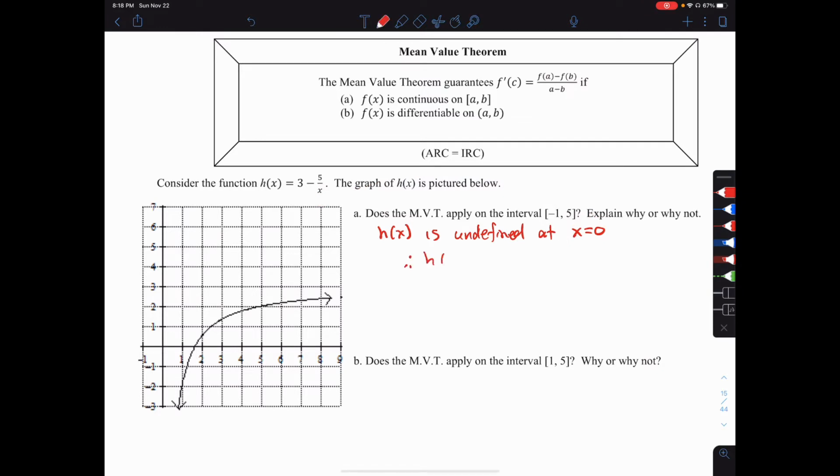Therefore, h of x is not continuous. Keep in mind, it doesn't have to be continuous everywhere. It just has to be continuous from -1 to 5, and 0, where it's discontinuous, is part of that domain. Therefore, the mean value theorem does not apply.